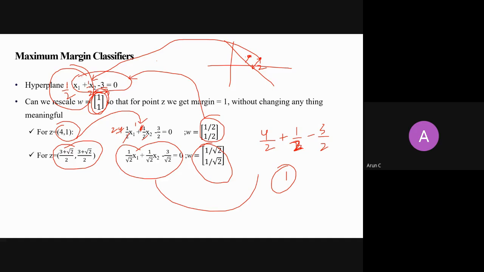So this is an example to make you believe that you can always scale your W such that for any given point, you have a scaled perpendicular distance equal to 1. If you go through this example, it will make sense to you. Any questions so far here? Yes, no?